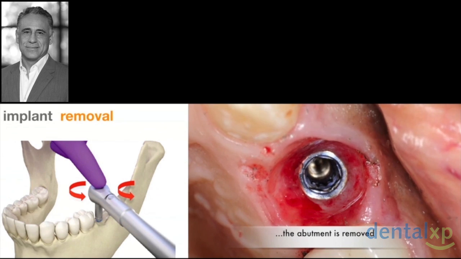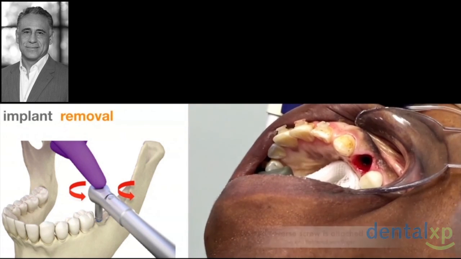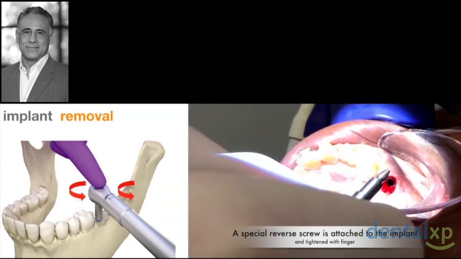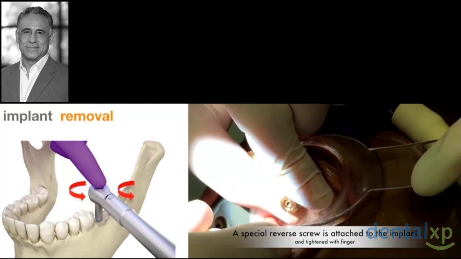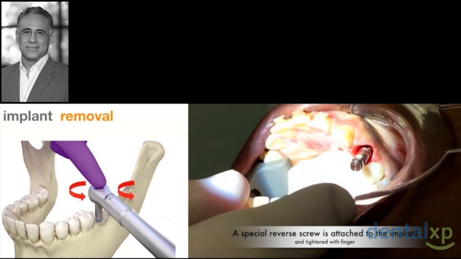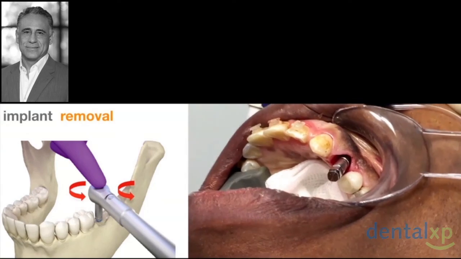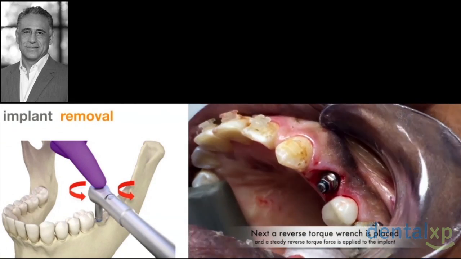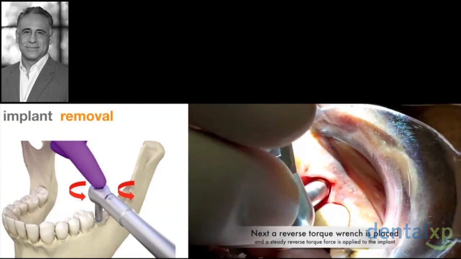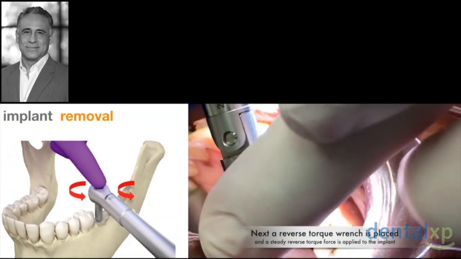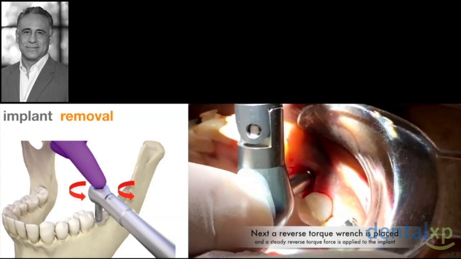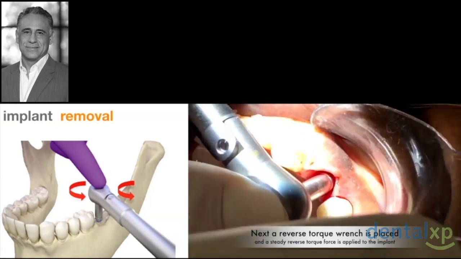In the example that we showed earlier, as well as this patient, we can use reverse torque screws to attach to the implant and provide a reverse torque to break the integration between the implant and the bone, and essentially remove it without excising or removing any bone in the site.